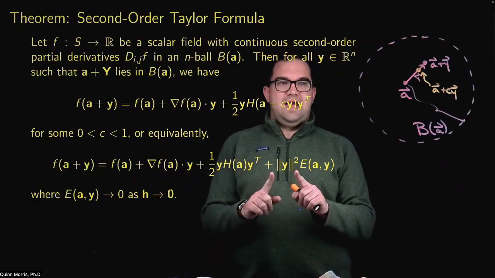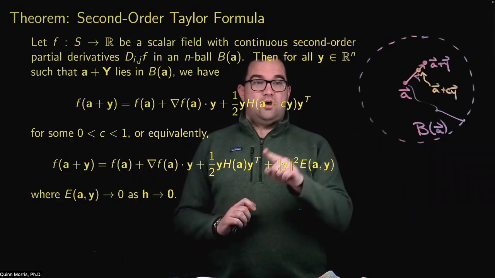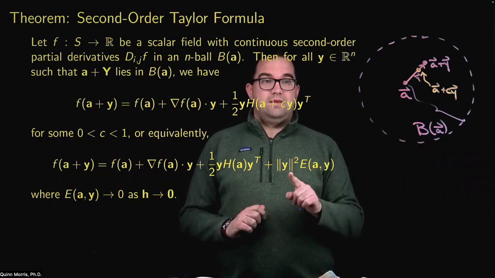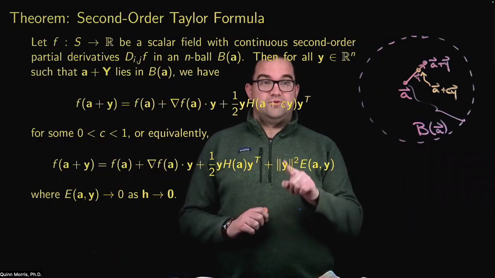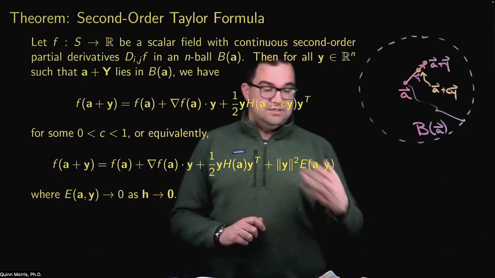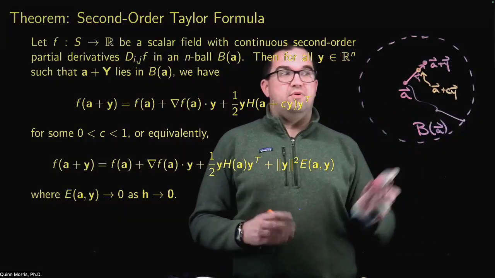And the fact that you actually have a norm of y squared here means that this whole error term is going to 0 very quickly. Because as y goes to 0, this is going to 0 in a quadratic fashion, and the rest of this is still going to 0. So it's going to 0 a little bit faster even than norm of y squared.